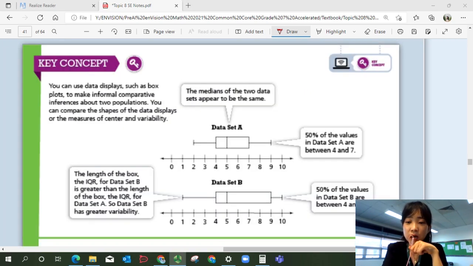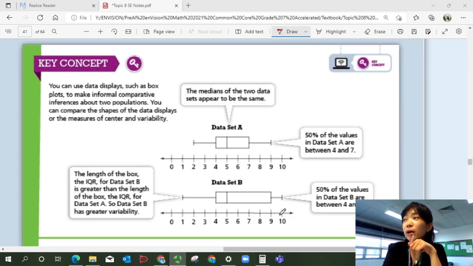Let's summarize our lesson. In this lesson, we learned that we can use data displays such as box plots to make informal comparative inferences about two populations. So we learned how to compare two box plots.